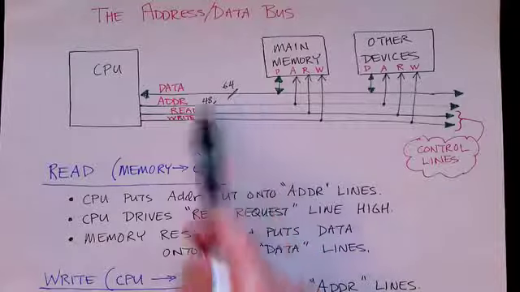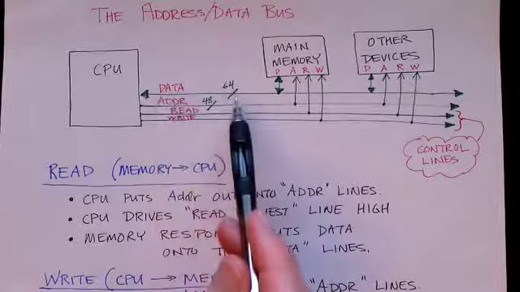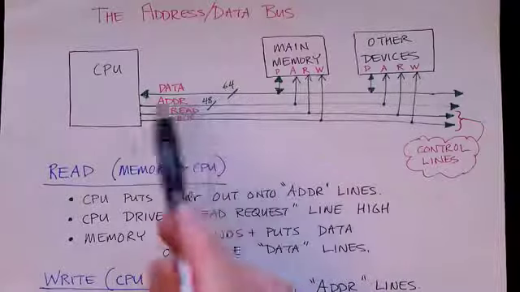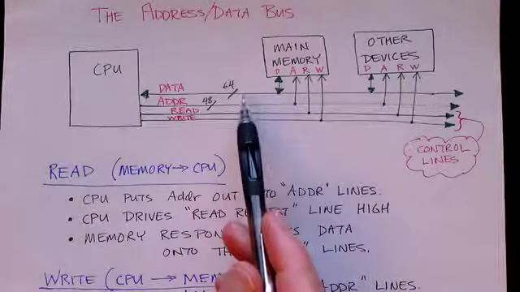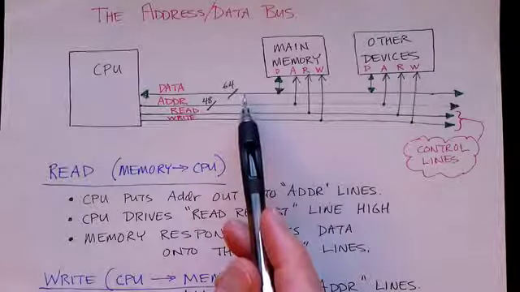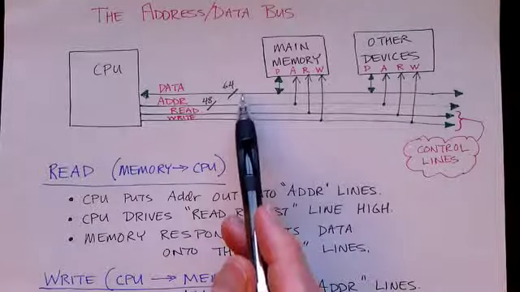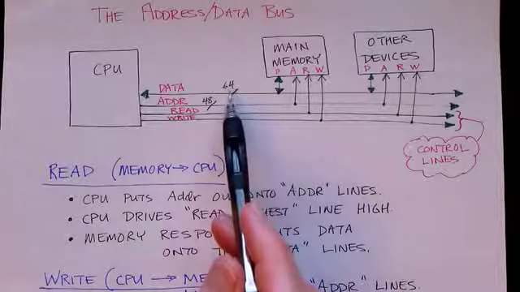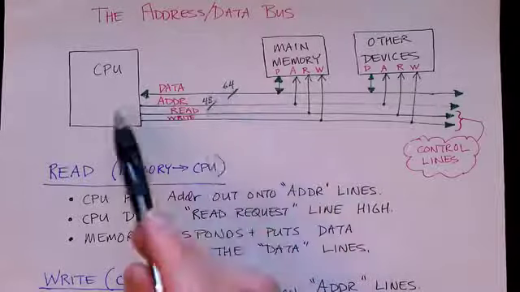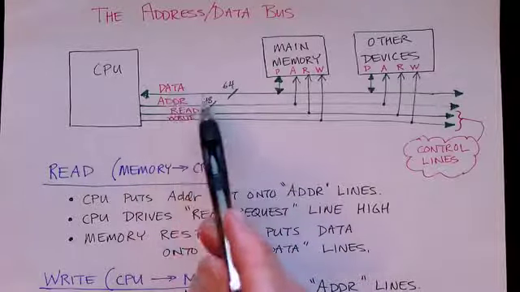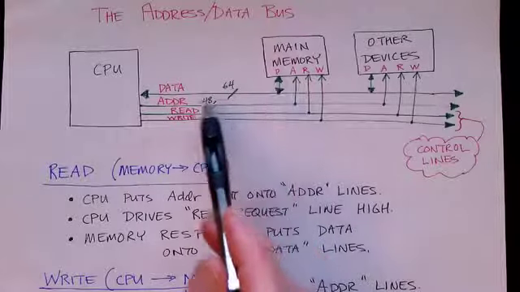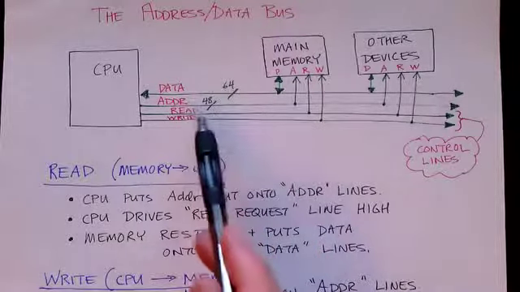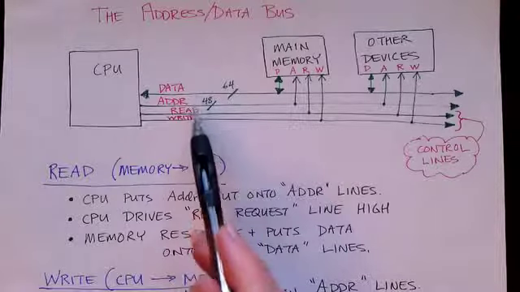So the idea here is that 64 bits can be transferred between the CPU and the main memory. We talked earlier about transferring blocks of 64 bytes. Well, that would require a lot more lines, but in this particular example, I'm showing a CPU that can get 64 bits at a time from main memory. So the bus consists of several different components.